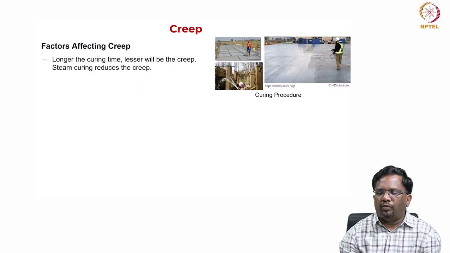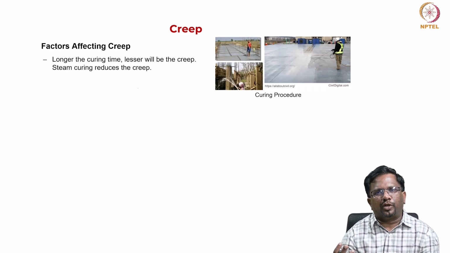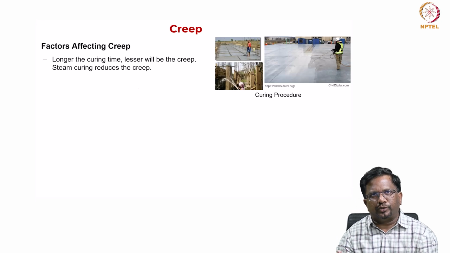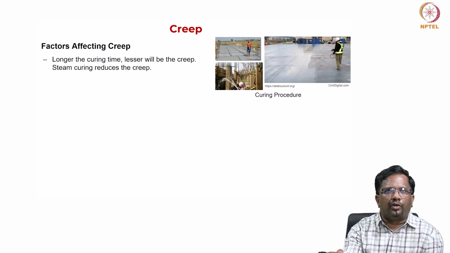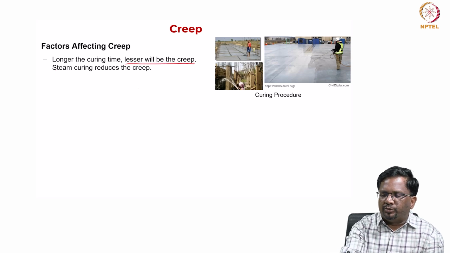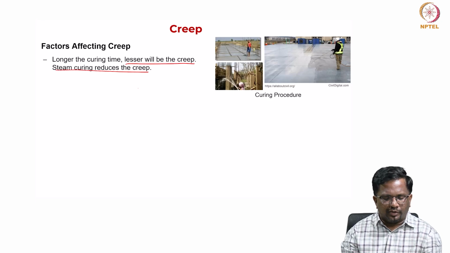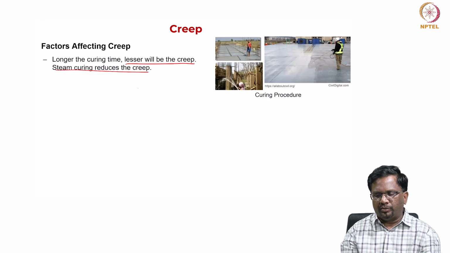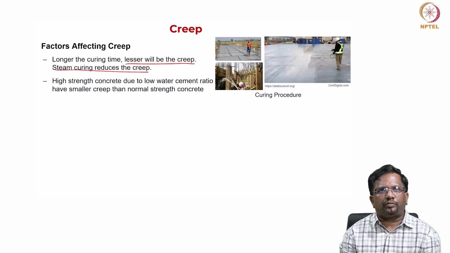The major culprit for creep is the unutilized water in the hydration process. So, we have to cure the concrete really well. If you are able to cure the concrete really well, the creep will be less. Also, steam curing helps to reduce the creep. Typically for high performance concrete or ultra high performance concrete systems, steam curing is usually adopted.